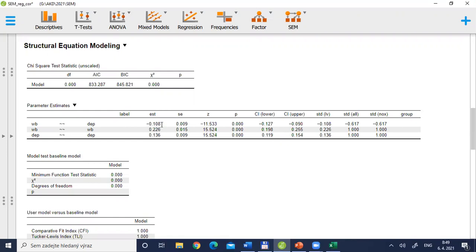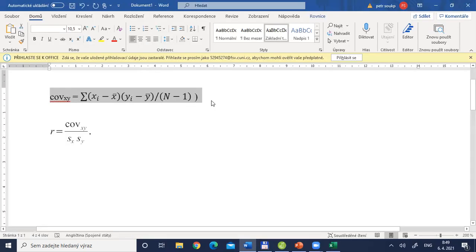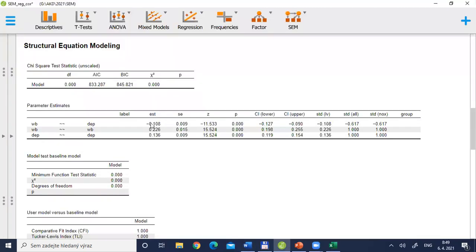So if I would apply this formula into my data, I would get this result minus 0.108. But the problem is that it is quite difficult to interpret this unstandardized coefficient or covariance. Once again, it is from minus infinity till plus infinity, and nobody knows whether minus 0.108 is a big value or small value.